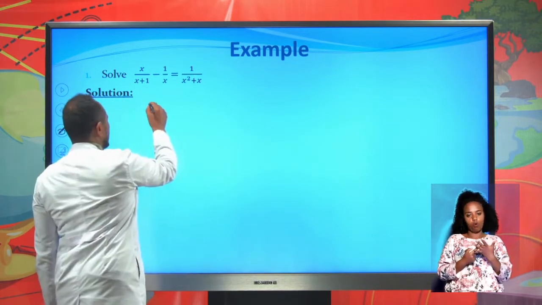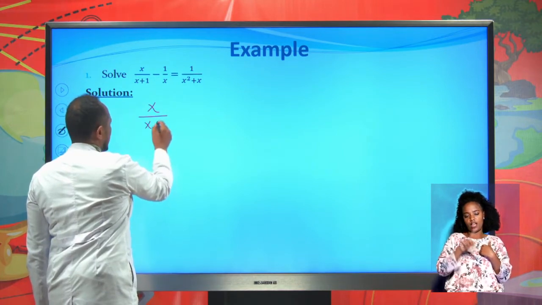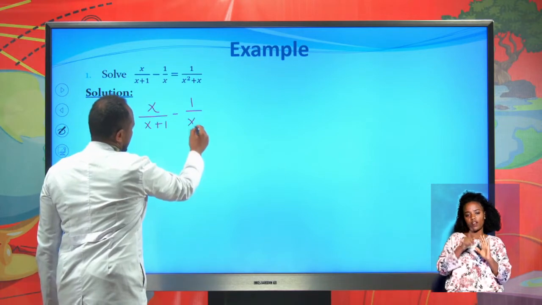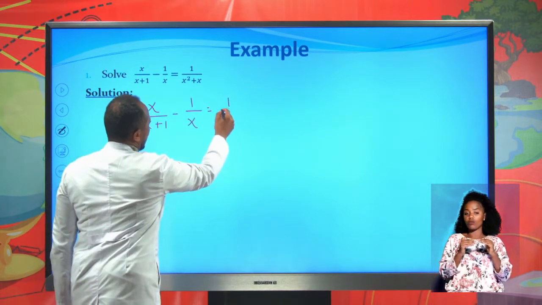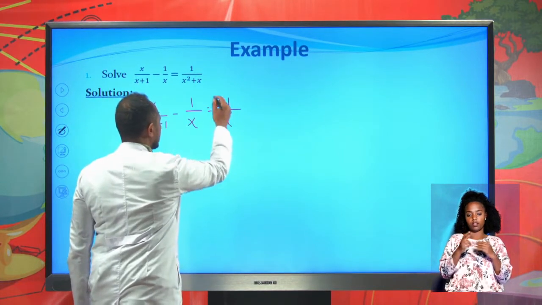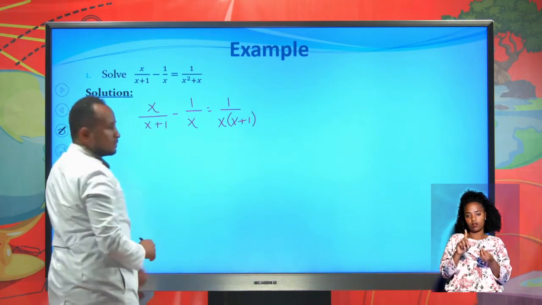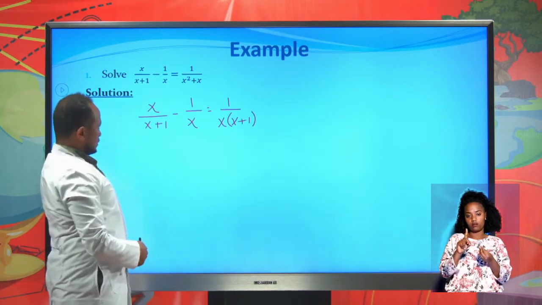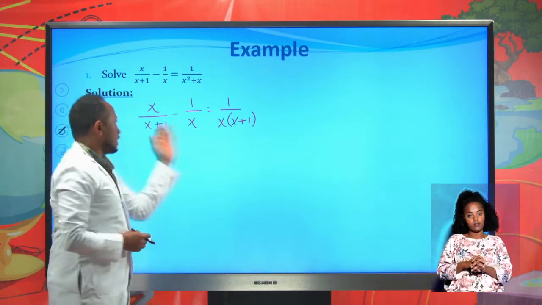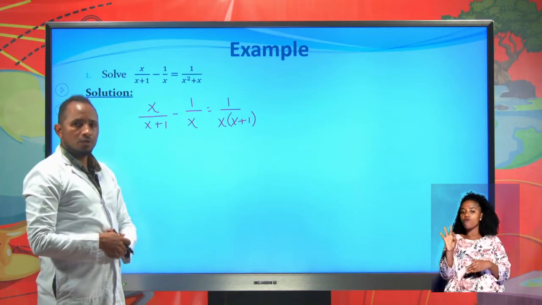So you have x over x plus 1 minus 1 over x equal to 1 over x times x plus 1. Factorizing the denominator, this one. After this, find the LCM of the denominator.